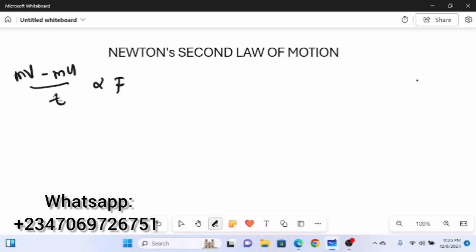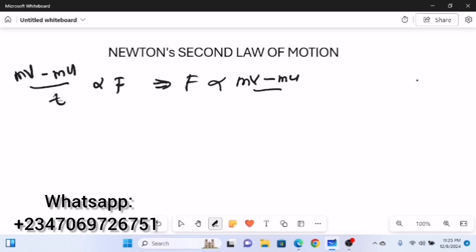All right, now seeing that mass is constant, we can simply factor out mass, or you can also write this by saying force is directly proportional to the rate of change of linear momentum, mv minus mu all over the time.